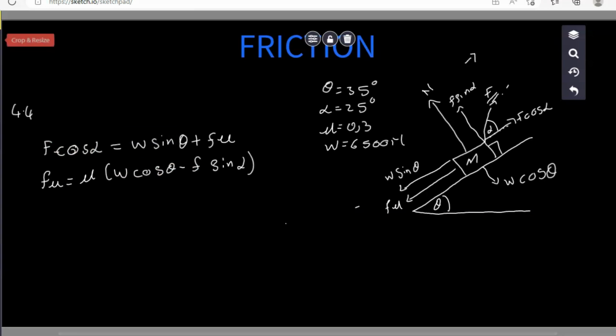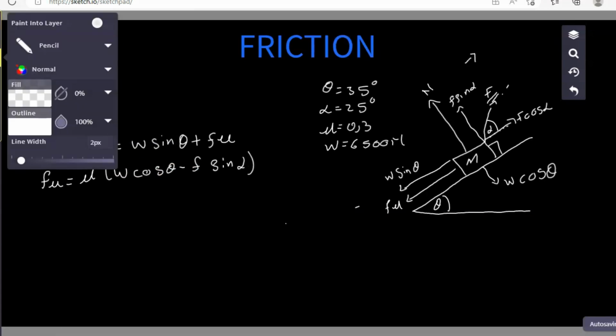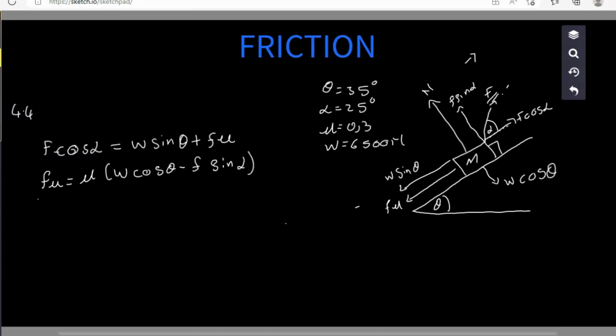In the space of the frictional force here, we're going to have F cos alpha is equal to W sine theta plus, in the space of frictional force we put this, mu in bracket W cos theta minus F sine alpha.